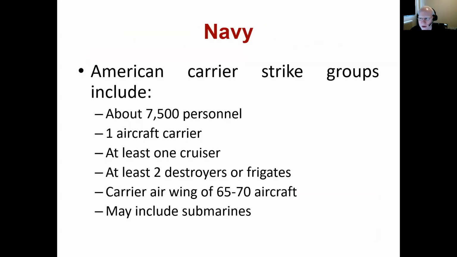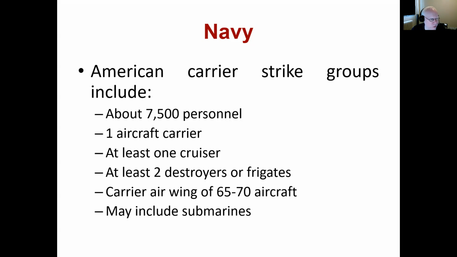So what's included in there? An American carrier strike group includes about 7,500 personnel, one aircraft carrier, at least one missile cruiser, at least 2 frigates or destroyers. Cruisers, destroyers, and frigates are your surface ships, which could be doing land attack, fighting other ships, many different purposes.